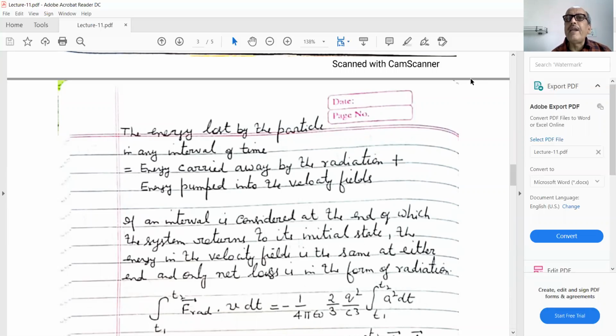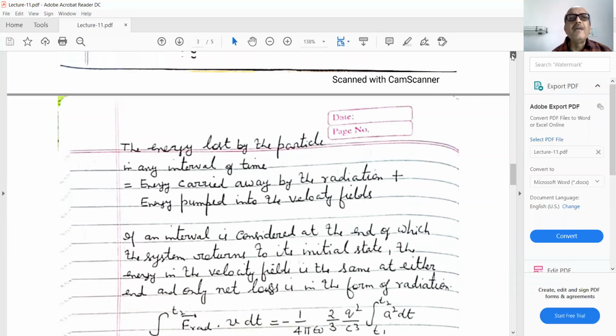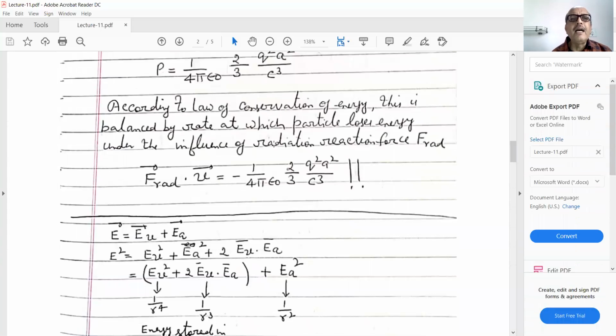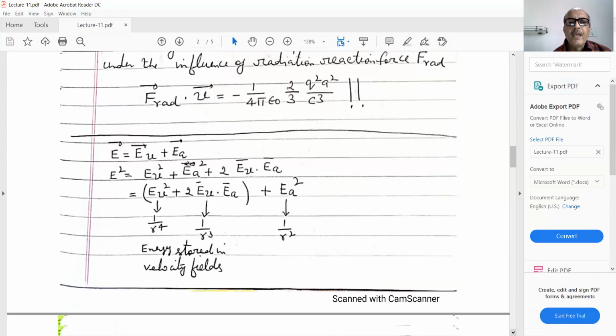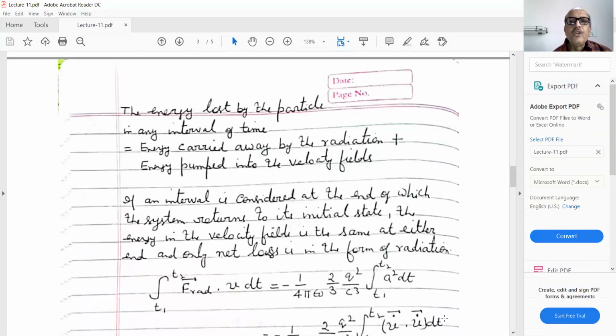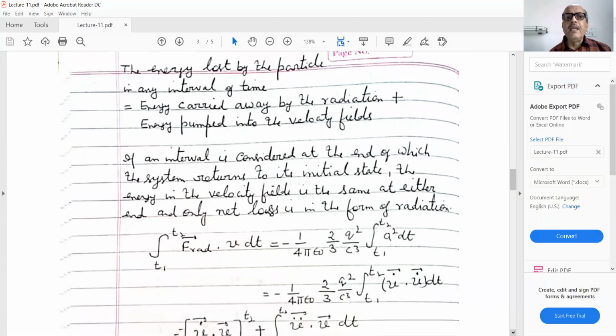Then we can exploit the formula based on the law of conservation of energy, that F radiation dot v is equal to minus 1 upon 4 pi epsilon 0, 2 upon 3, Q square A square upon c cube. So we are taking a situation in which the particle comes back to its initial state, so the energy in the velocity field is the same and the only losses are because of the radiation.